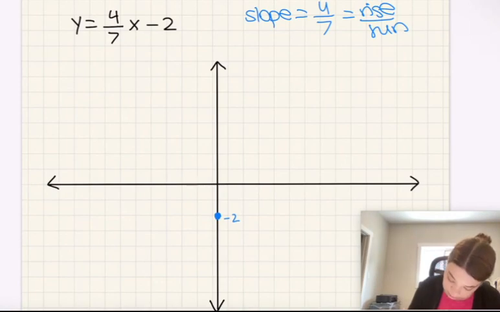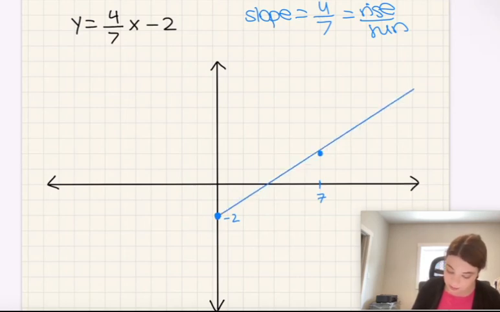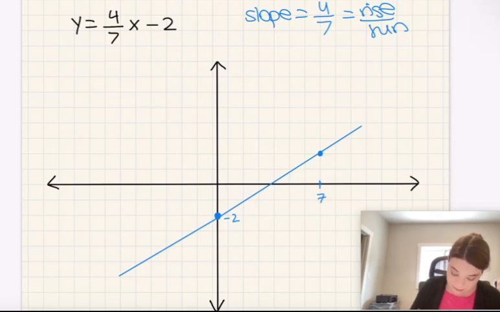So up 1, 2, 3, 4, and to the right 1, 2, 3, 4, 5, 6, 7, right there. And then I'm going to draw a line between the points. Oh, it's not quite good. It's a bit better. There we go.